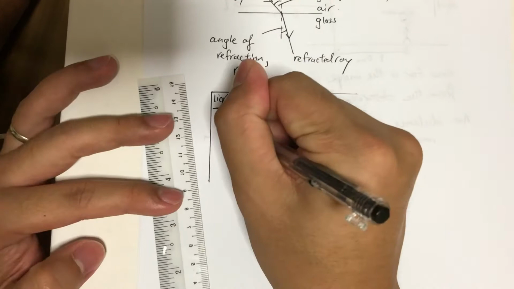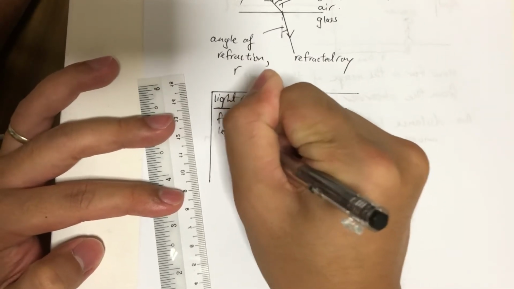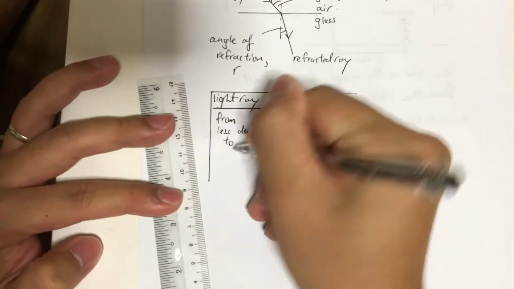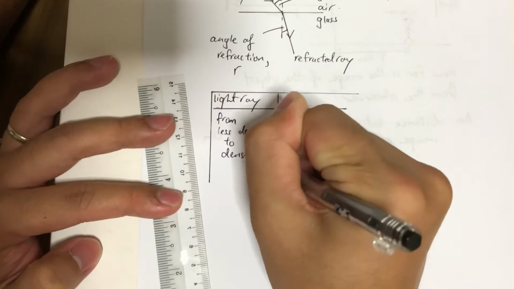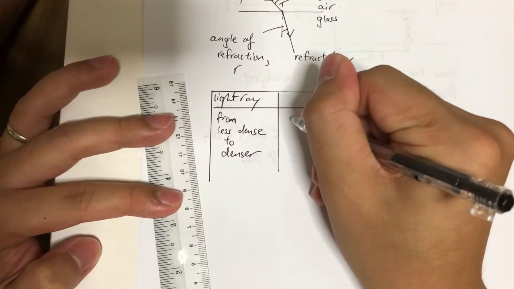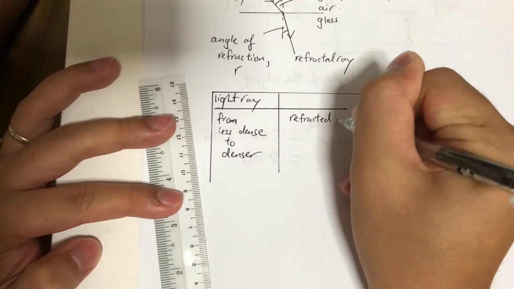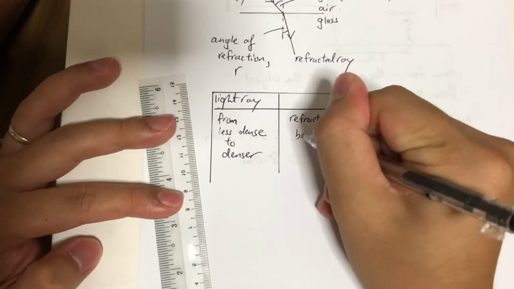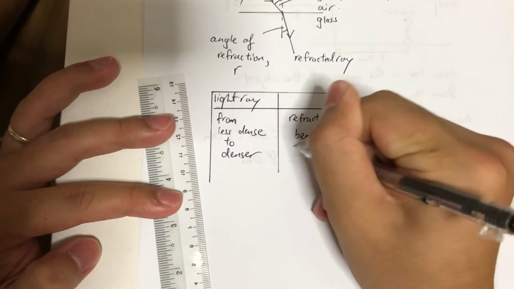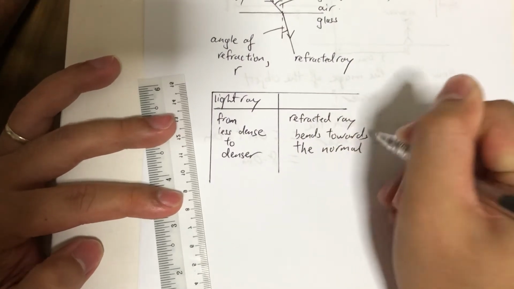When the light ray travels from a less dense to denser material, the refracted ray actually bends towards the normal. So we are actually using the normal as a reference now.